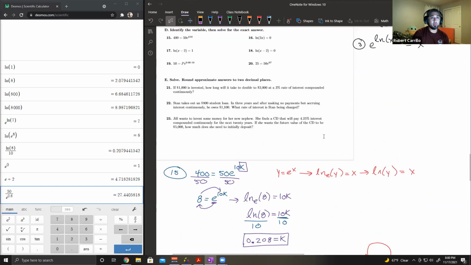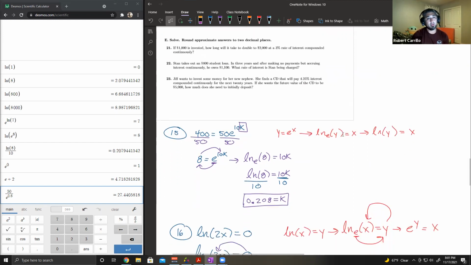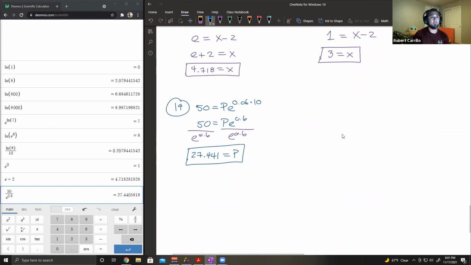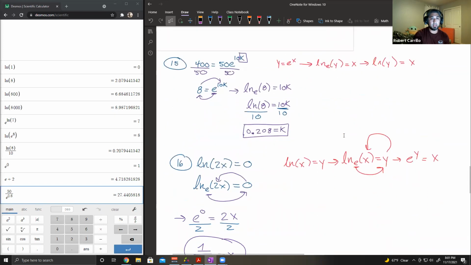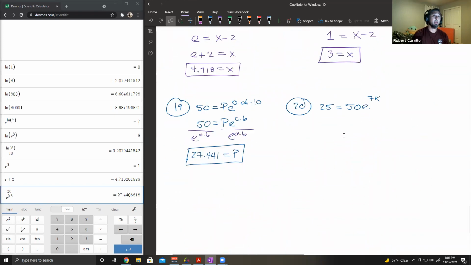All right, and then 25 equals 50 times e to the k times 7, which I'm just going to write as 7k. 25, 50, e to the 7 times k. Okay, cool. So our job is going to be to solve for that 7k.